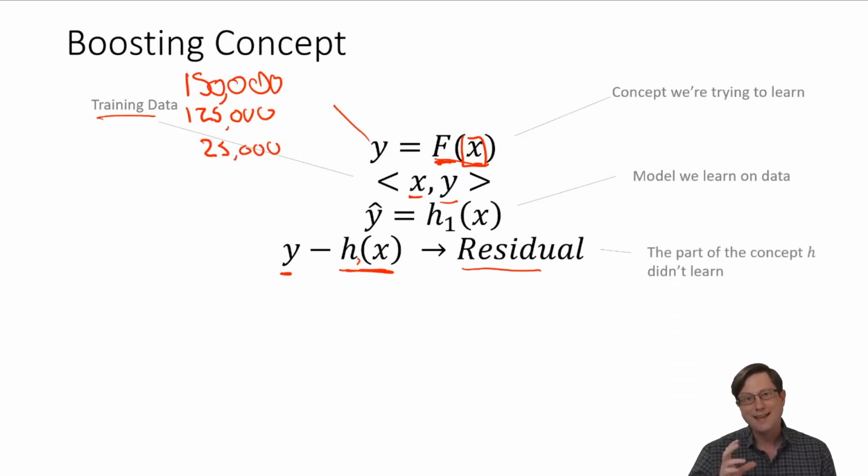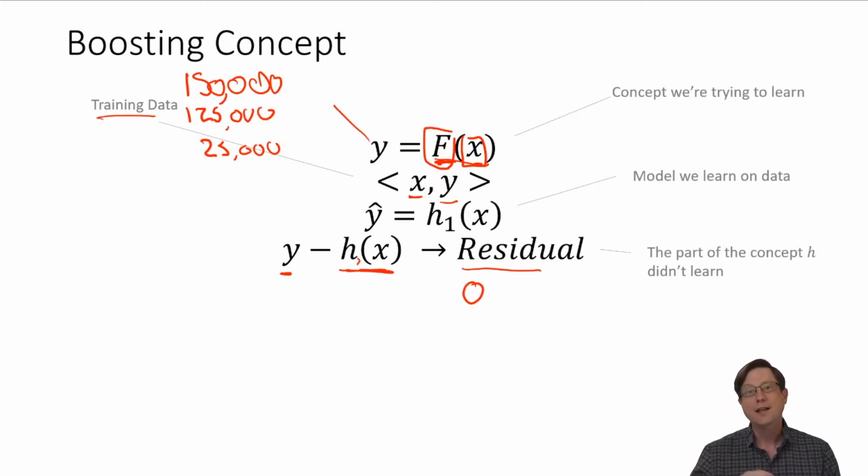And so you could say that the residual is the part of the concept F that H1 did not learn. Some houses, H1 will have perfectly correct. Let's say it's possible that for some houses H1 will be perfectly correct, in which case the residual would be 0.